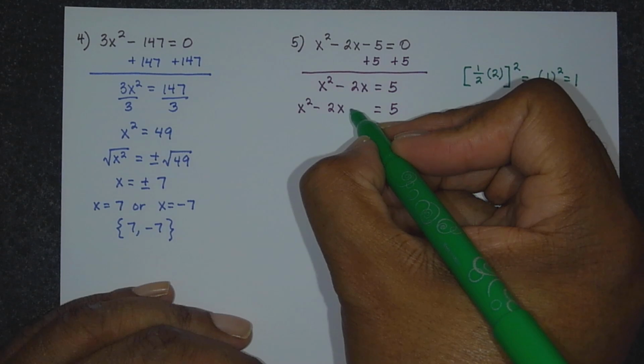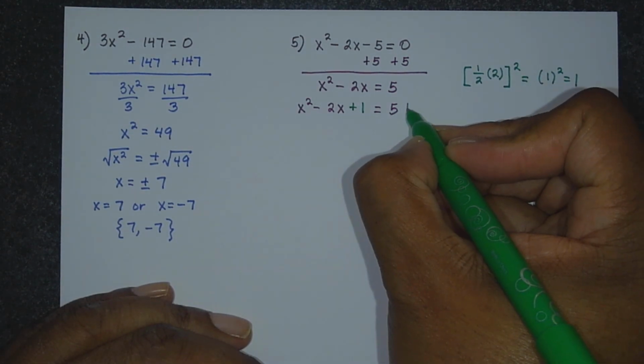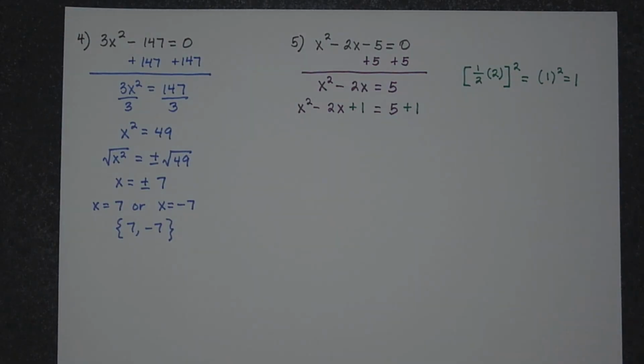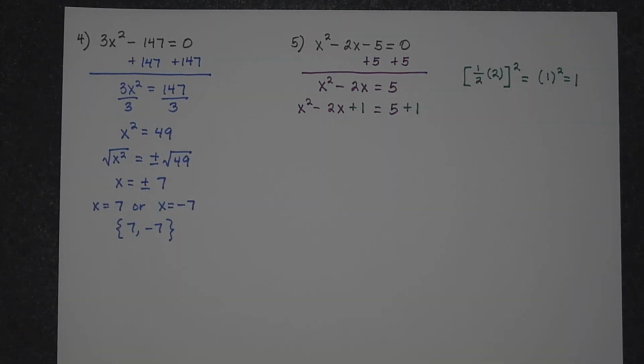So that means I'm going to add 1 to the left side, and if I add 1 to the left side, I have to do the same thing on the other side. I have to add 1 to the right side of this equation. Because what's going to happen here is this will end up being a perfect square trinomial, which I can factor as the square of a binomial.